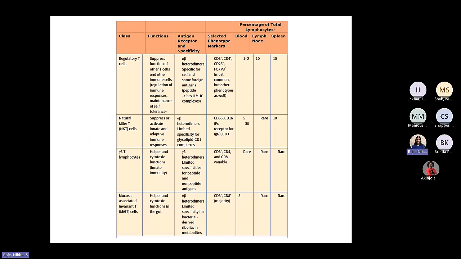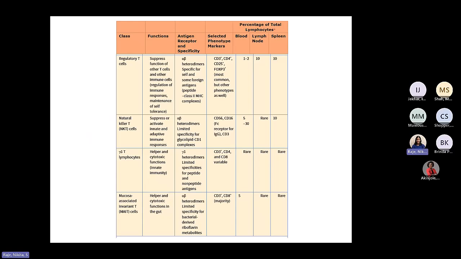So they have CD3 on their surface. They also have CD16 and CD56 on their surface, which are the markers of NK cells. They do have alpha beta TCR on their surface, but they have limited specificity compared to the specificity seen with CD4 or CD8 T cells. The other type of T cells are gamma delta.